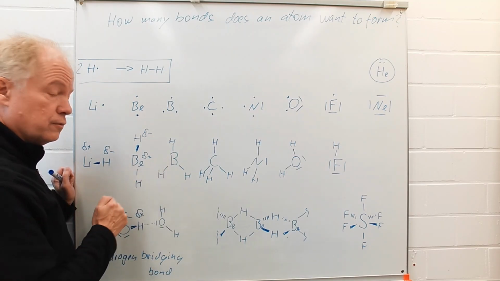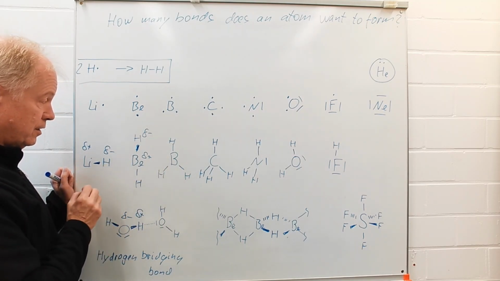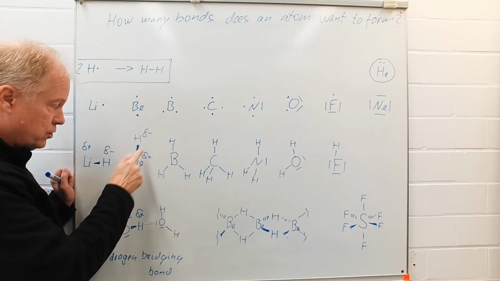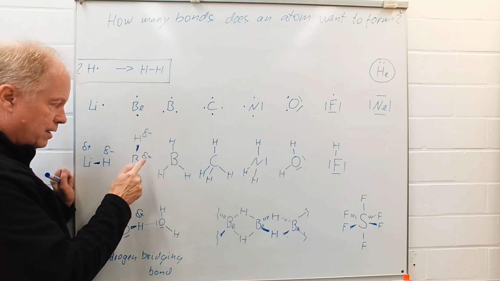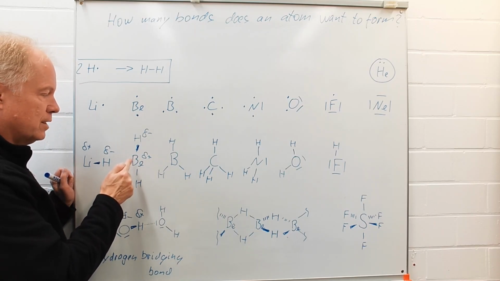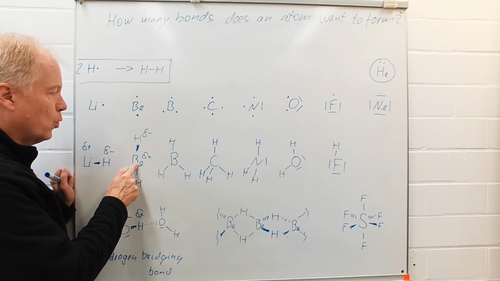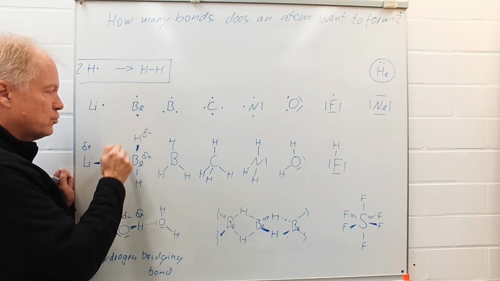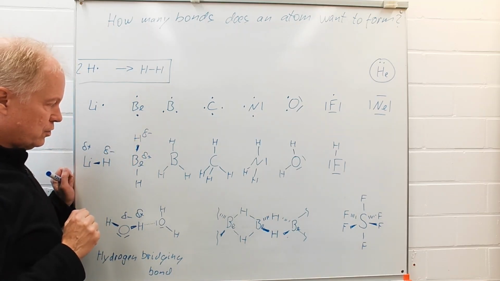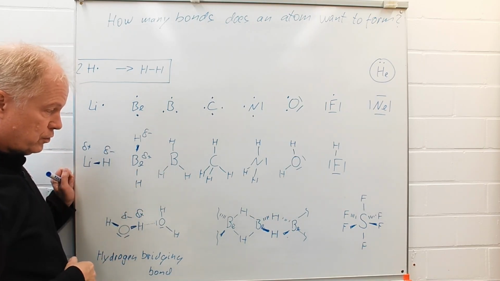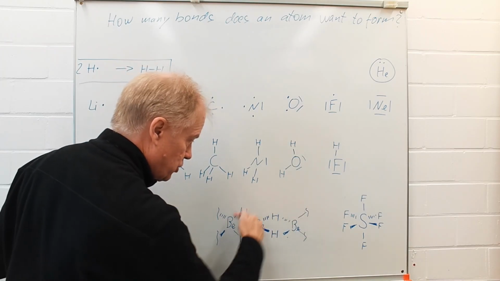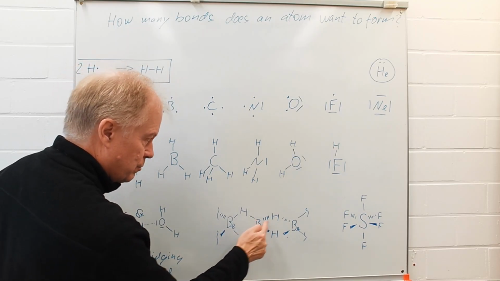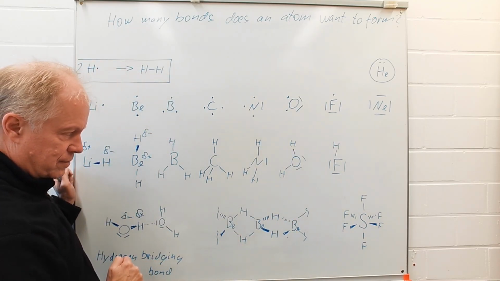With beryllium and also with boron we can observe we have here a negatively polarized hydrogen, but a positive polarized central atom. This then can coordinate to the electron density of the next hydrogen molecule, and is forming such a chain also with hydrogens then bridging beryllium centers.